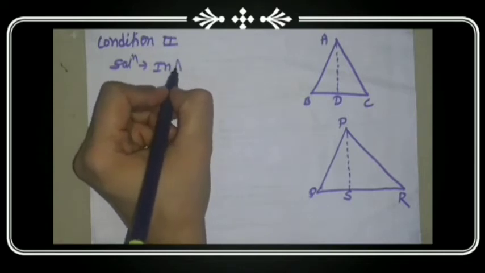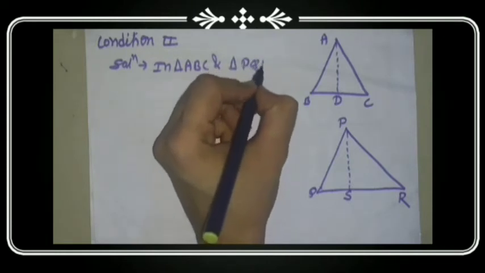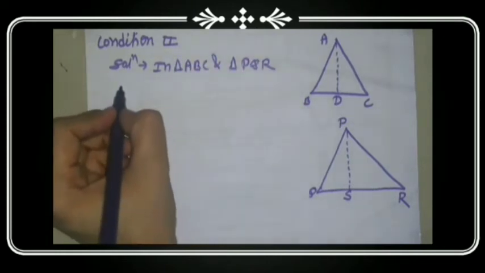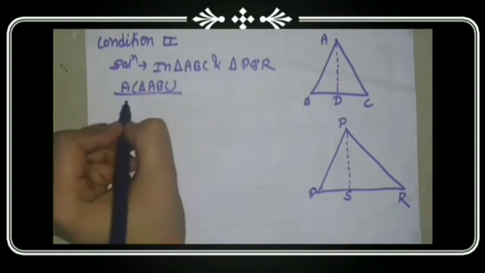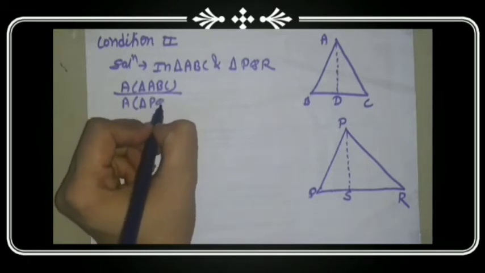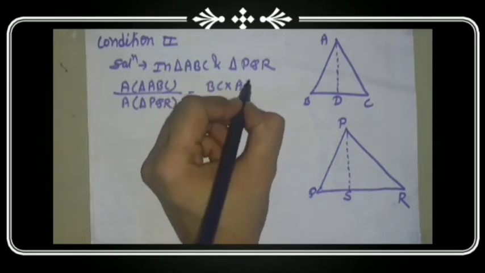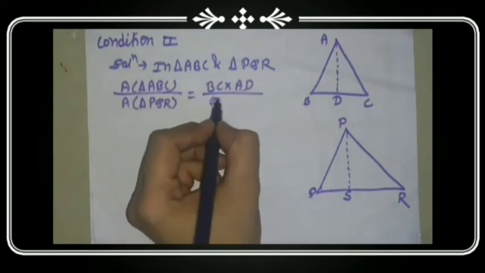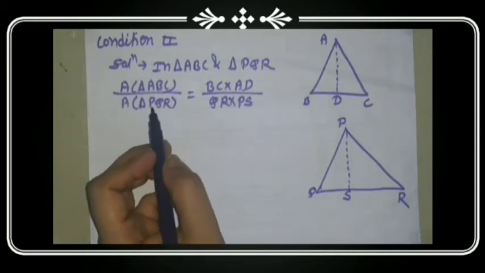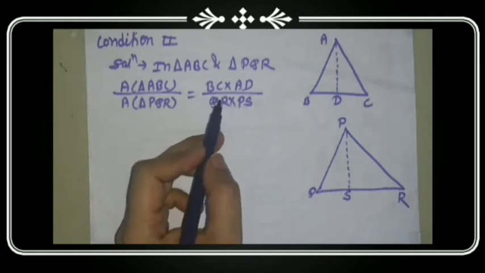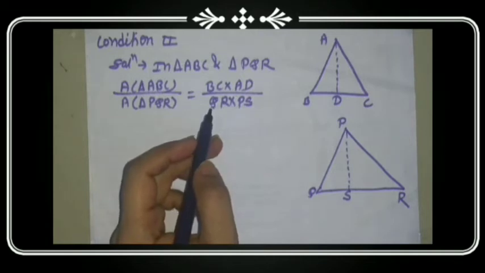In triangle ABC and triangle PQR, we know that area of triangle ABC divided by area of triangle PQR equal to BC into AD, QR into PS. By the ratio of areas of two triangles is equal to the ratio of the product of their base and corresponding heights.